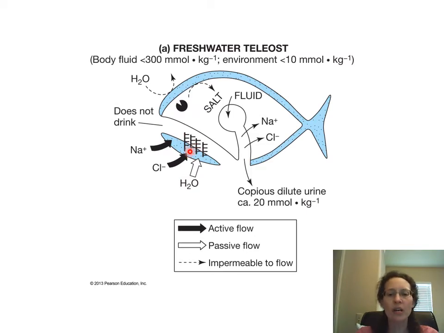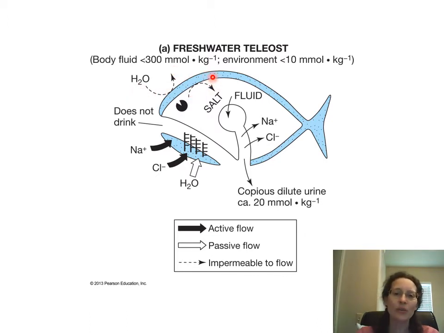All of this water that comes in has to be dealt with by the kidneys, and it means the kidneys are working a lot and they're producing a lot of dilute urine throughout the day. Inside the kidney here, those salts are going to be actively reabsorbed by the fish as well. And then this up here, this is sometimes confusing to students, where we see the water bouncing off the fish and the salt bouncing off the fish.